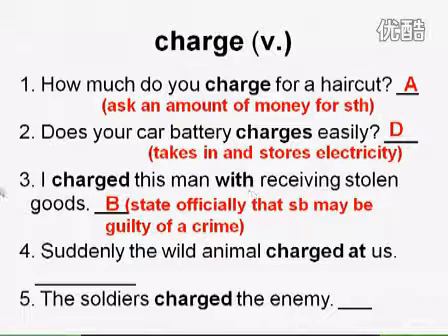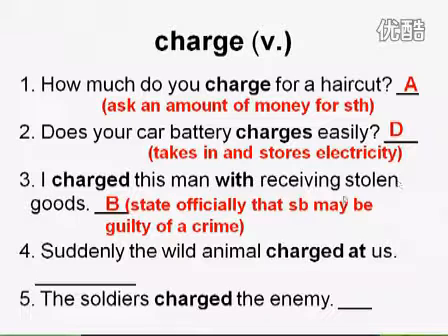So here, charge means to state officially that somebody may be guilty of a crime. 也就是我们说控告某人，这是后面加的是什么？Receiving stolen goods，它是收了一些偷来的东西哈，那就是因为什么而控告某人？Charge somebody with something.